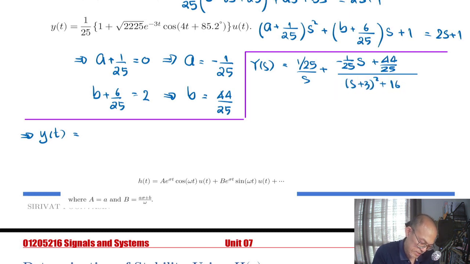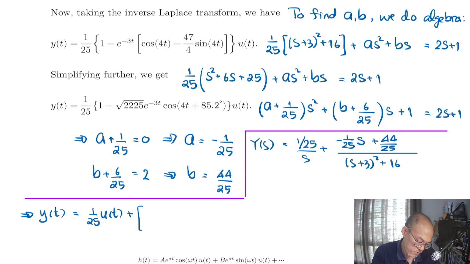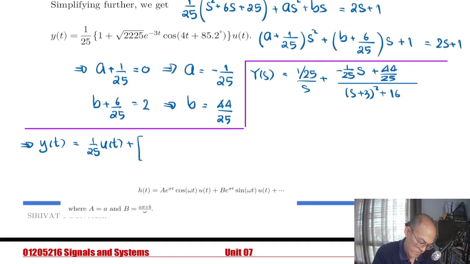So y(t) is 1 over 25 u(t), plus A, which is minus 1 over 25, so minus 1 over 25 e to the minus 3t cosine of 4t u(t).